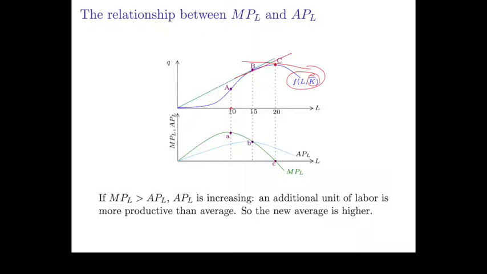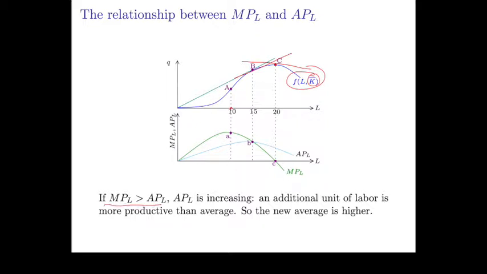Now remember, the definition of the marginal product is the extra output you get per additional unit of labor. What's the average product? It's the average output you get per unit of labor. Suppose the marginal product is higher than the average product.